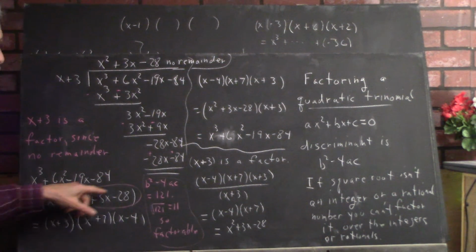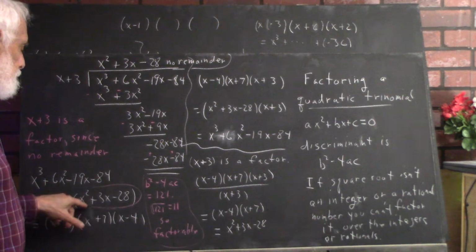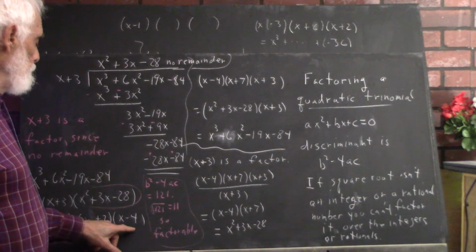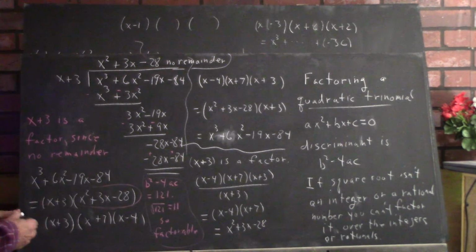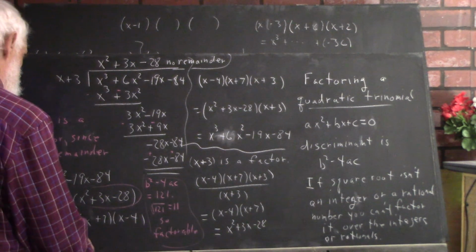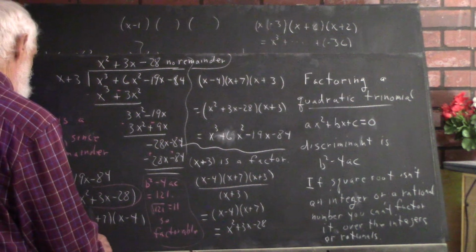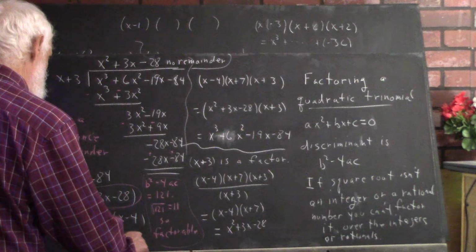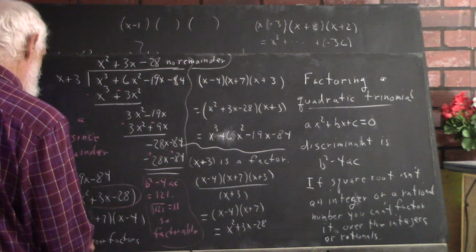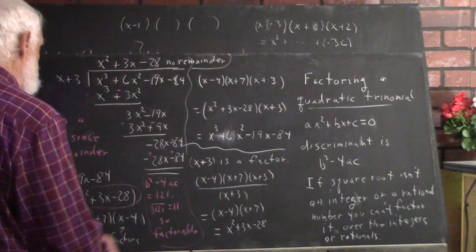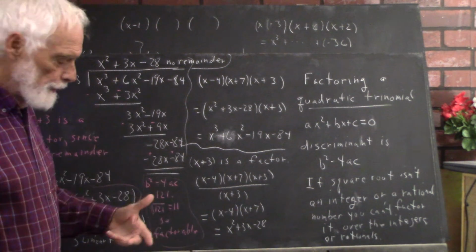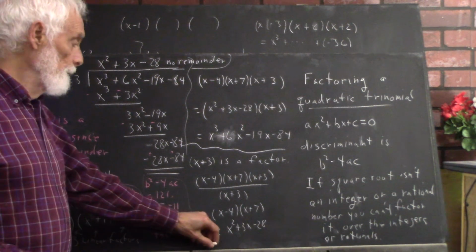And then we can proceed to factor this term, and we now have 3 linear factors. Okay, that's a process that we'll go ahead and use in some other examples.